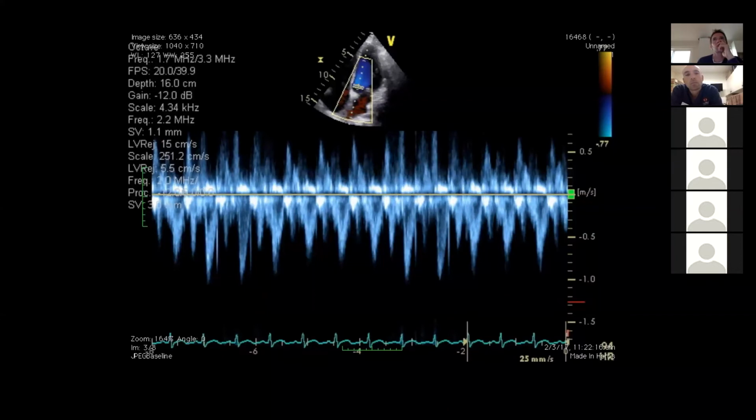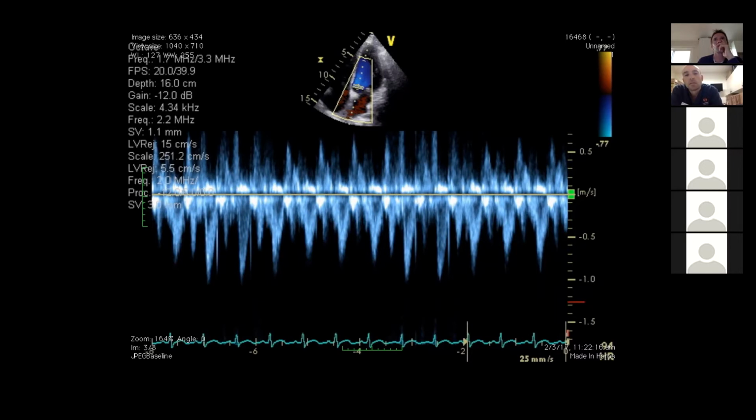Beautiful. Okay, and so this is my next picture. And what am I trying to show here? Because this guy's on escalating levels of support. We've got a normal LV function, and she's pretty sick. What's this? So this is the LVOT VTI using PW Doppler, and what we're seeing is that the VTIs are pretty variable.